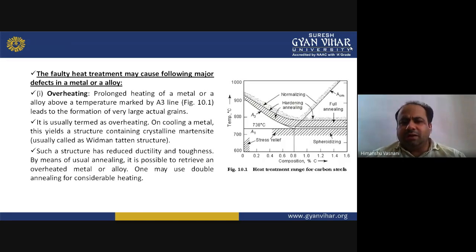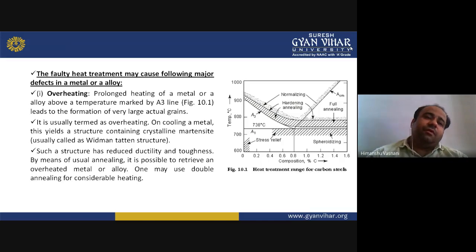These are heat treatment processes which require a particular temperature. Like we studied, annealing requires a temperature above the critical temperature, and then the part is allowed to cool in the furnace only. In normalizing, there is a temperature, and then we allow it to cool in the air.